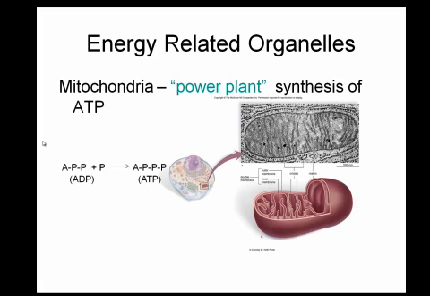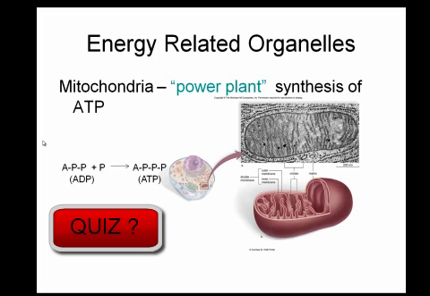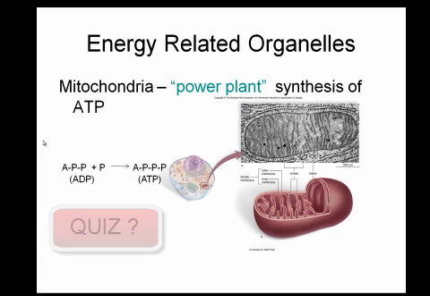Two energy-related organelles, and we'll learn much more about these in some of the later lessons when we get into cellular respiration and then into photosynthesis. The mitochondria. The mitochondria, everyone has heard called the power plant of the cell. This is where the majority of the ATP is produced inside a cell.